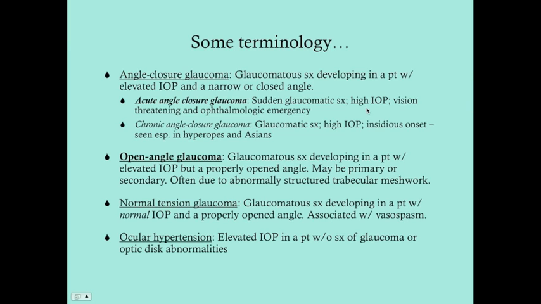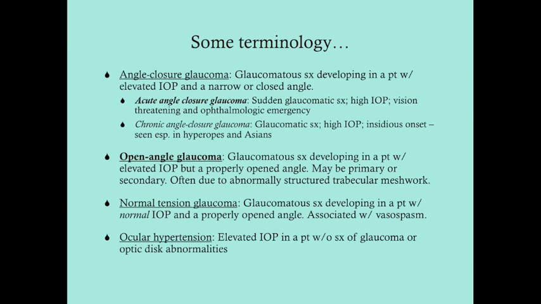Acute angle closure glaucoma is an emergency, and you can't miss this because this is a patient who has red eye, severe pain, probably the worst eye pain they've ever had in their life. They've got a steamy cornea. They've got basically no vision, just light and maybe hand motions. And this comes on suddenly.